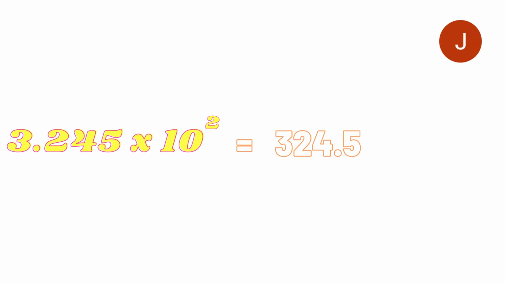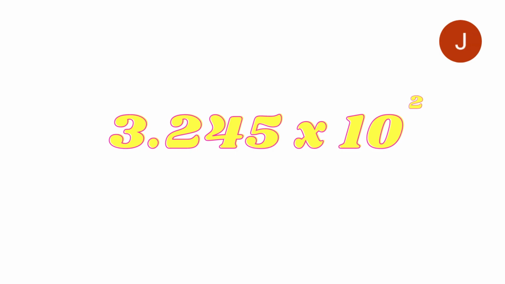What if I told you there is a much easier and faster way to solve this? Instead of solving it using the traditional way and taking so much time, we can do it in a very simple way. First step, we look at the exponent. In this case, the exponent is 2. You can find the answer by simply making the decimal point jump to the right as many places as the exponent.